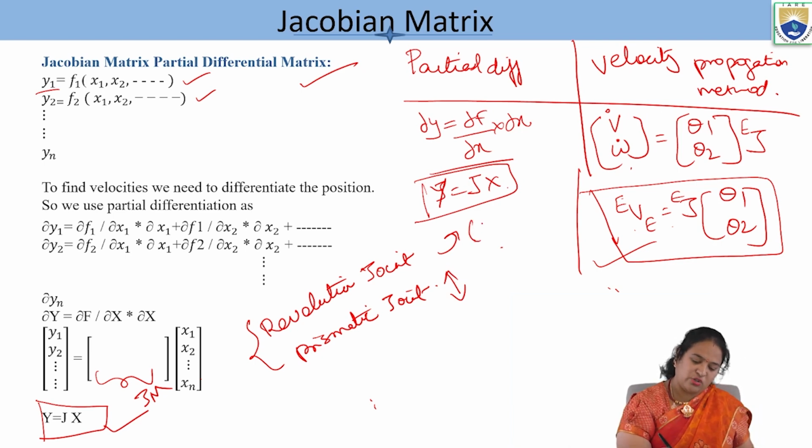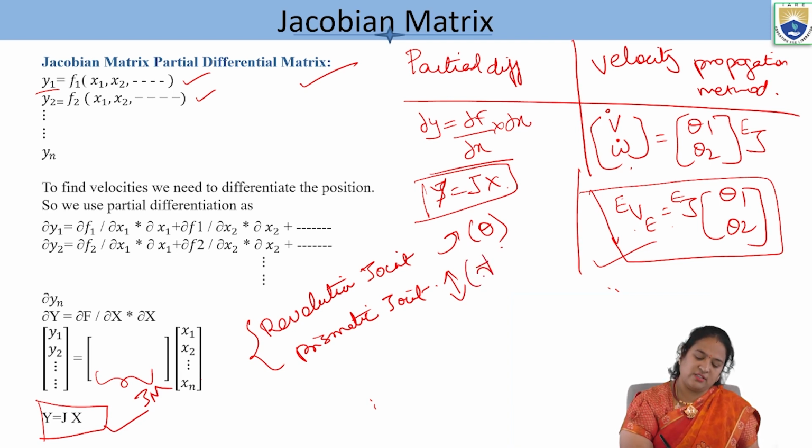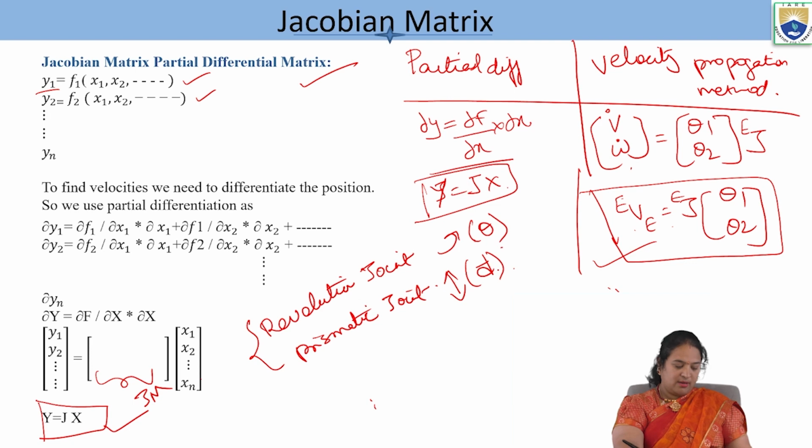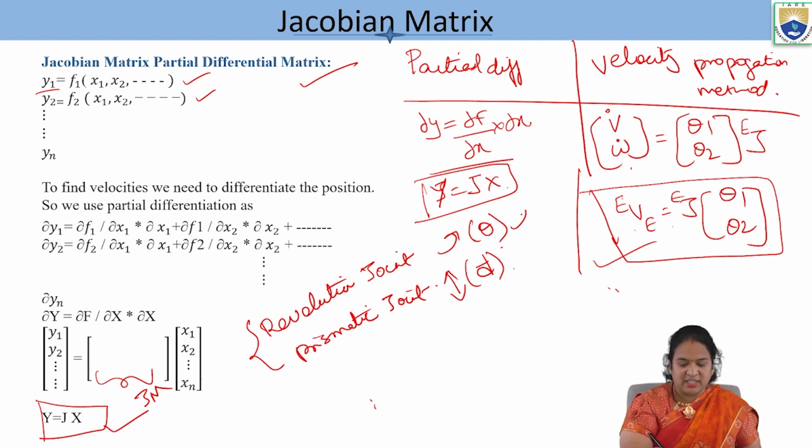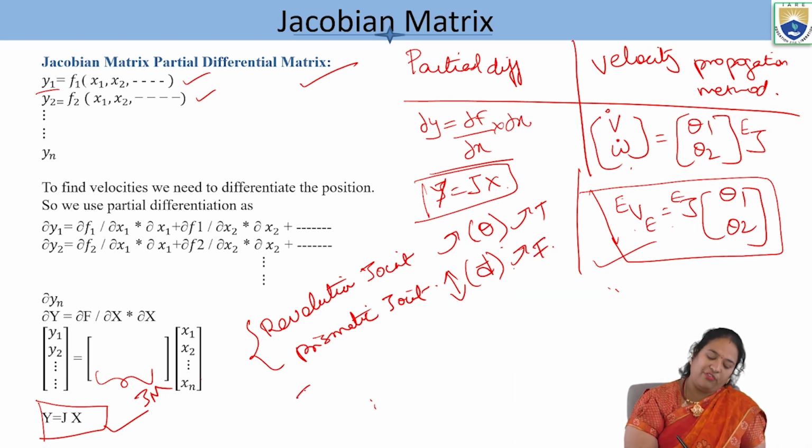So the revolute joint is generally determined by theta, and the prismatic joint is determined by d. Here we will be finding out the torque, and here we will be finding out the force. So in order to find out the torque and the force, we will be considering these two joints. Any robot joint which has a revolution with an angle theta, there we will be finding out the torque.